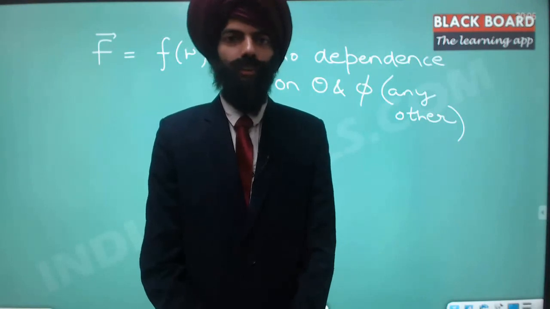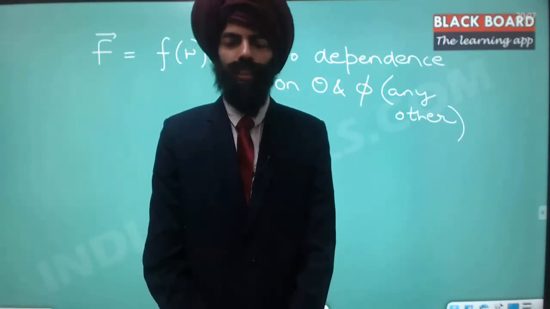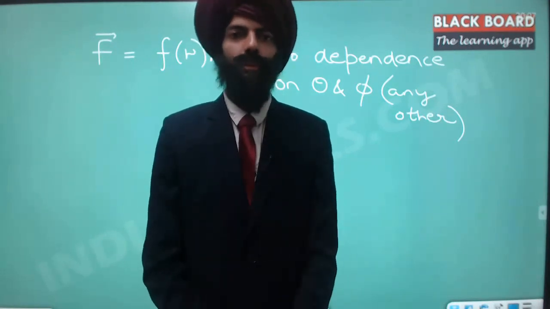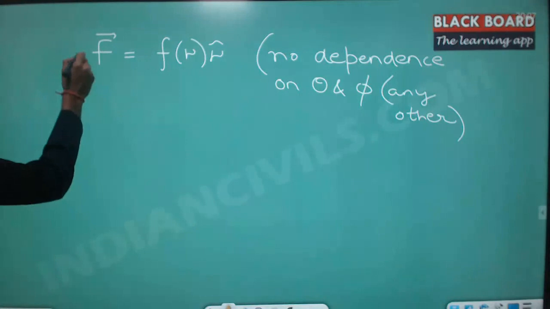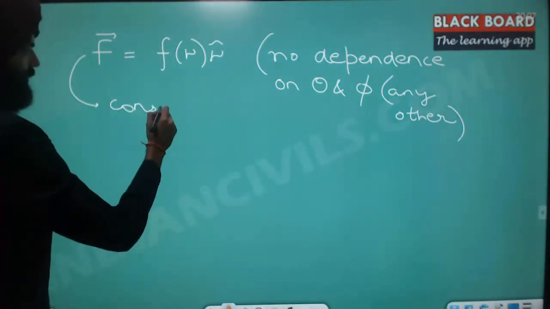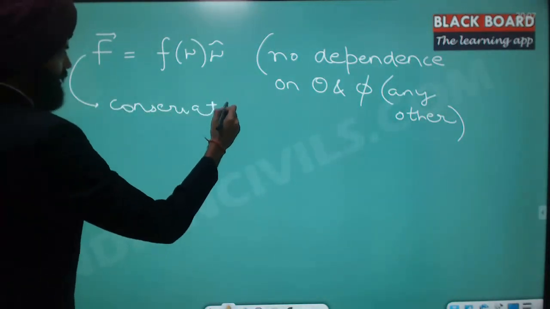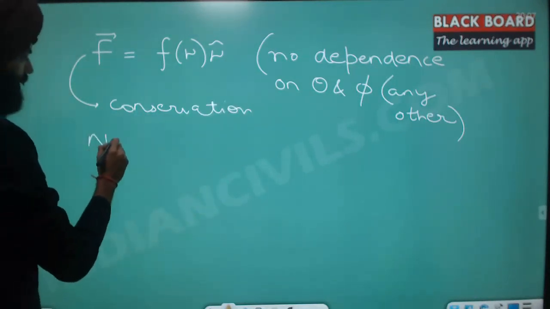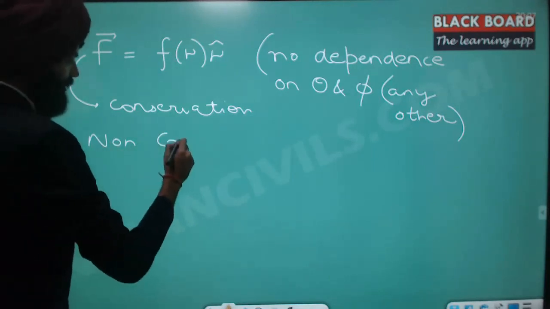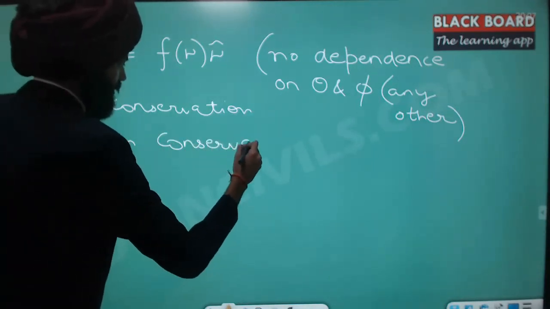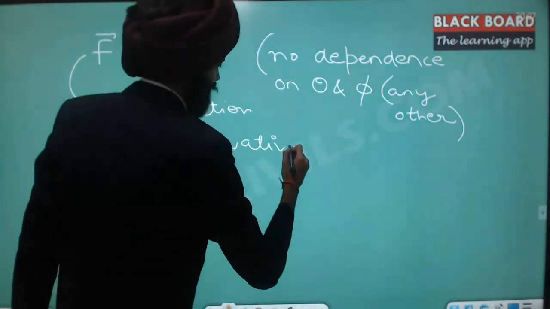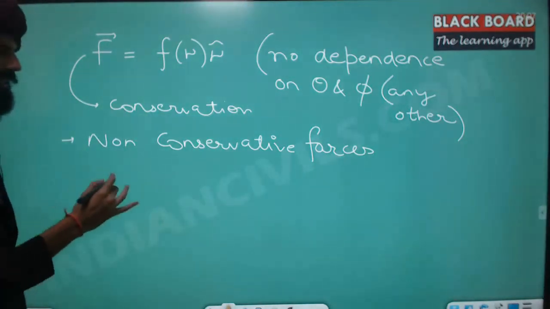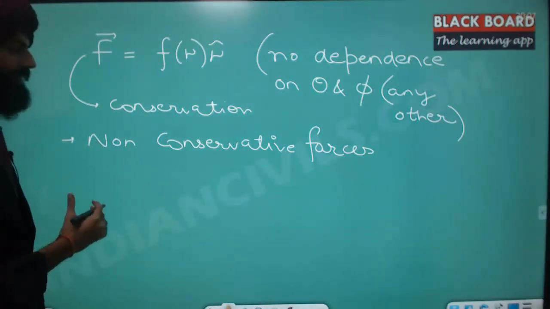And the forces which are non-conservative in nature, as we discussed in the last lecture, are usually the kind of forces which try to resist the motion of the particle. So this is a conservative force, and non-conservative forces generally try to resist the motion of the particles.